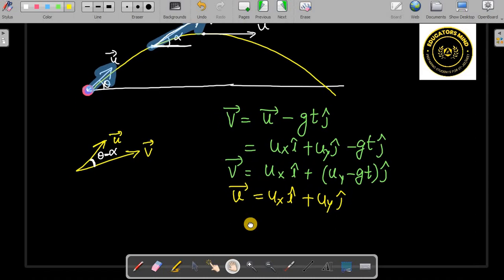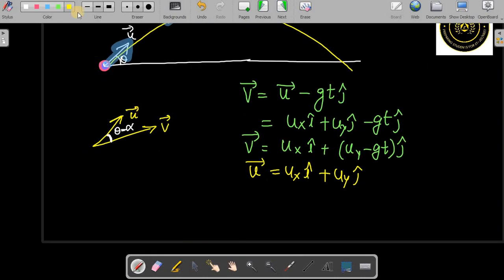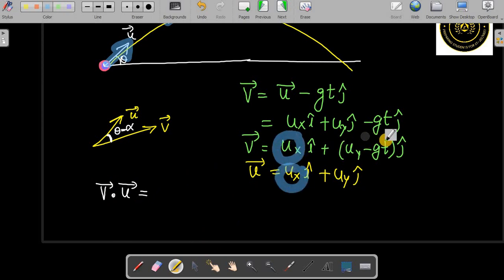Now suppose they ask what is the angle theta at an instant of time. So v dot u, you can calculate. What is v dot u? When you do v dot u, you have to multiply the corresponding terms, right? Ux times ux, and the y components also. So what do you get?